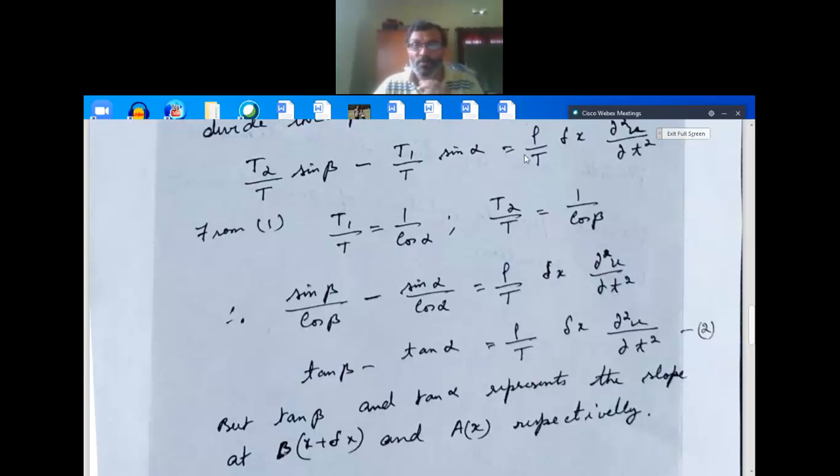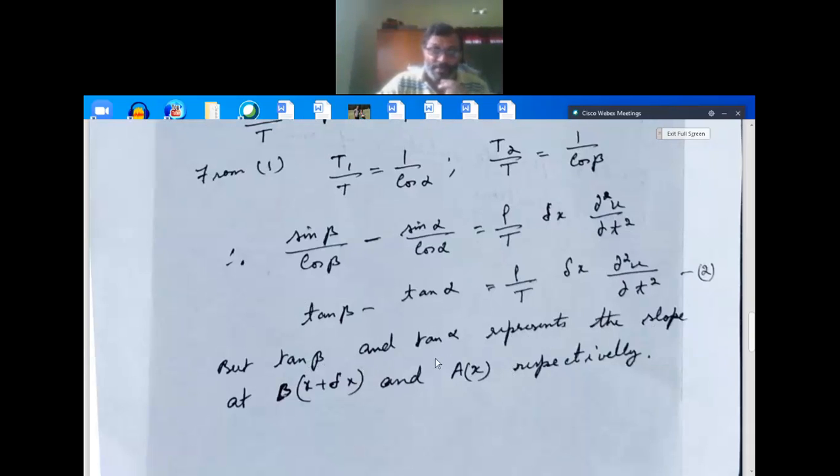Now this equation can be converted. But what are tan beta and tan alpha? According to trigonometry and coordinate geometry, tan theta is the slope of any line.